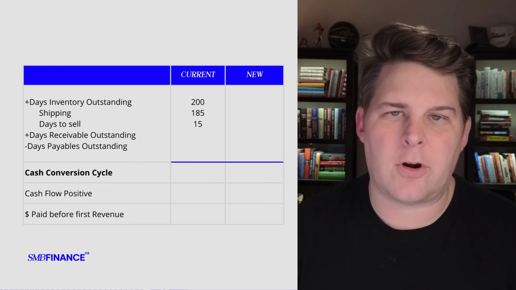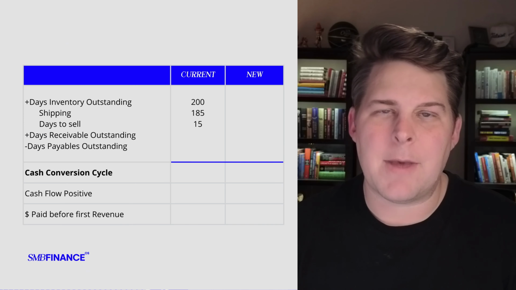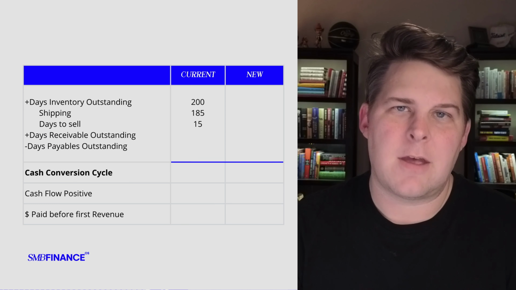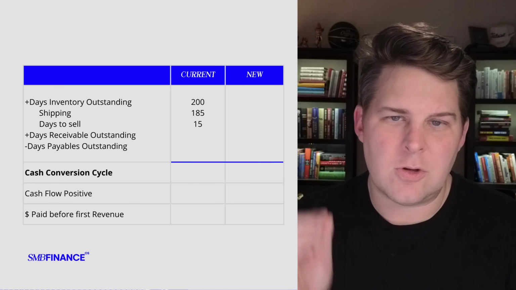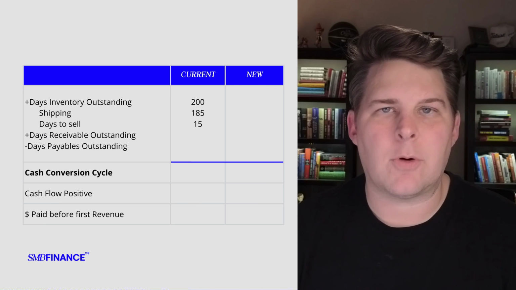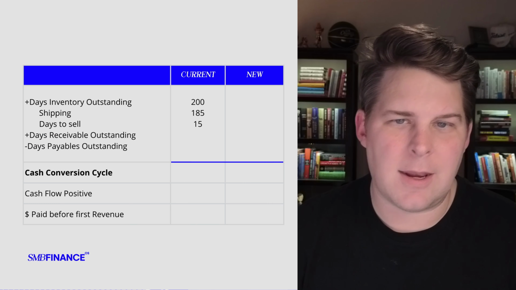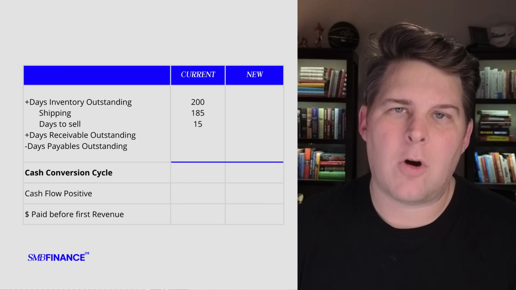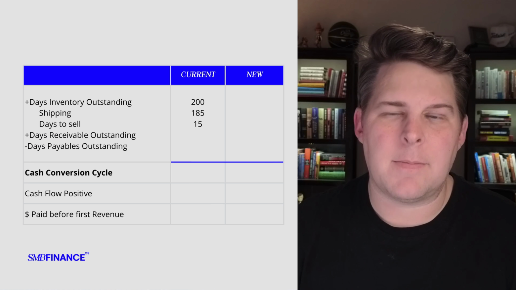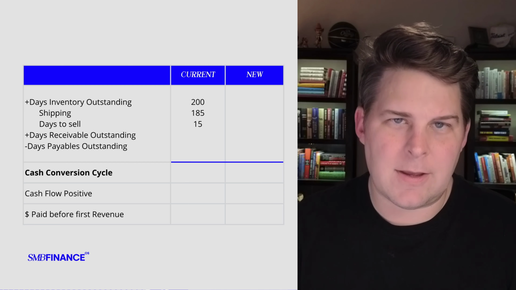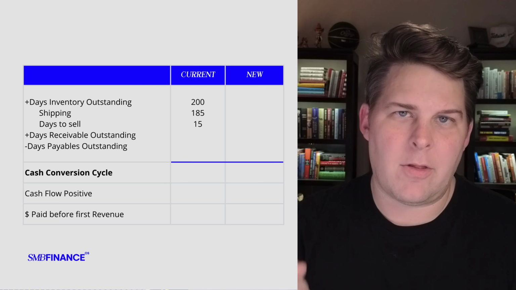When we first started working with them, we realized that it was taking them 200 days from ordering inventory to selling that piece of inventory. This meant that they didn't even have one full inventory turn in a year. The main culprit was that it was taking them 185 days from order to receiving, to where they could actually sell that inventory.